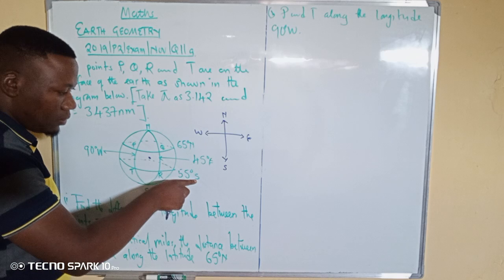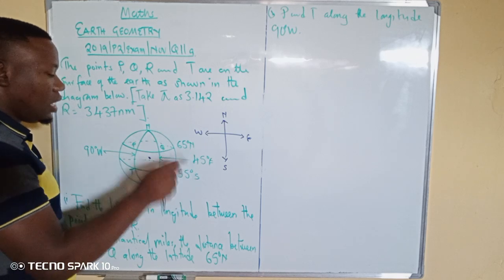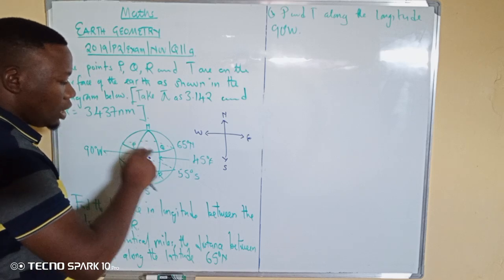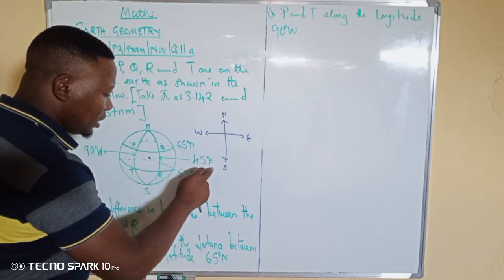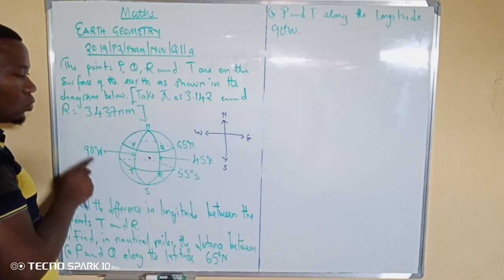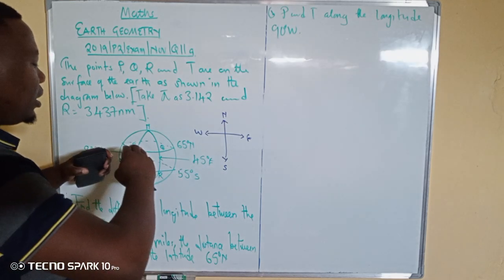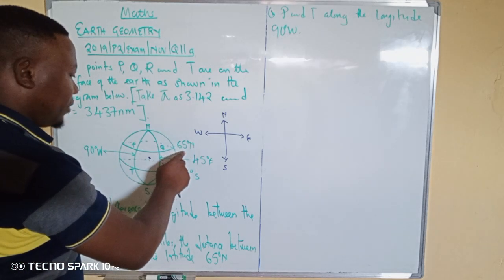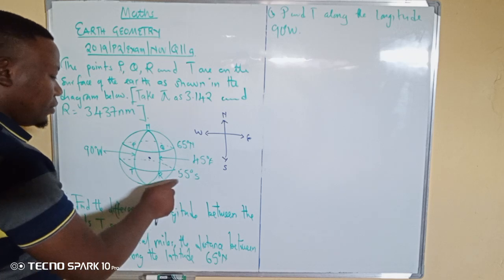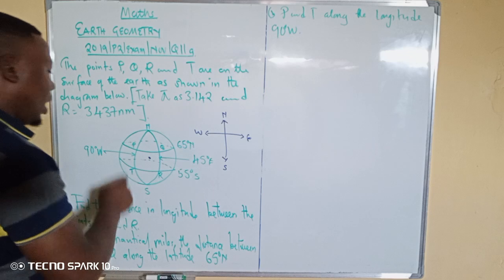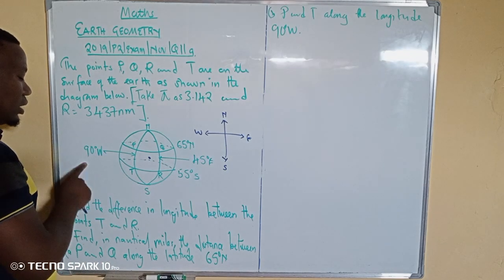This side is south and this side is north. The east direction is 45 degrees east, and the west is 90 degrees west. So north has 65 degrees north, south has 55 degrees south, east has 45 degrees east, and west has 90 degrees west.